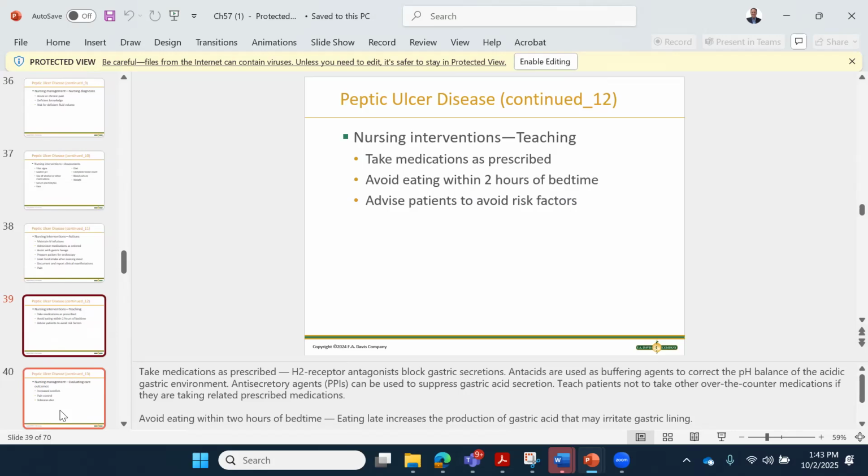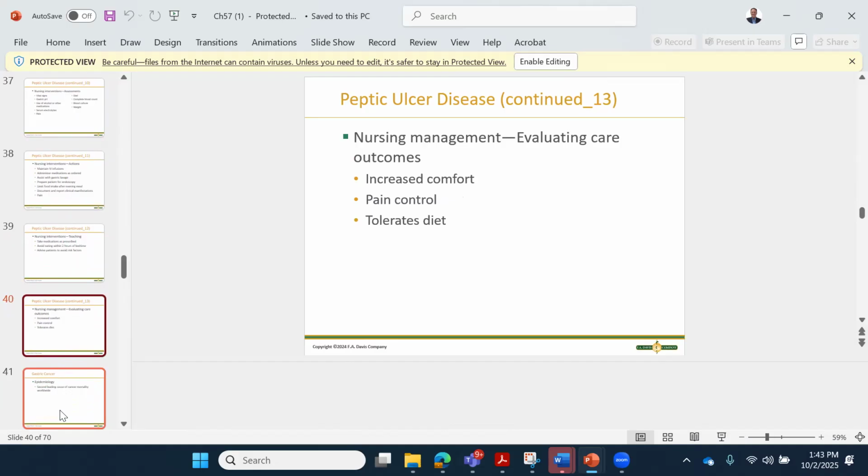For example, there's a relationship between gastroesophageal reflux disorder and GERD and peptic ulcer disease. So even things like wearing tight-fitting clothing could be something that can contribute to GERD, therefore peptic ulcer disease.